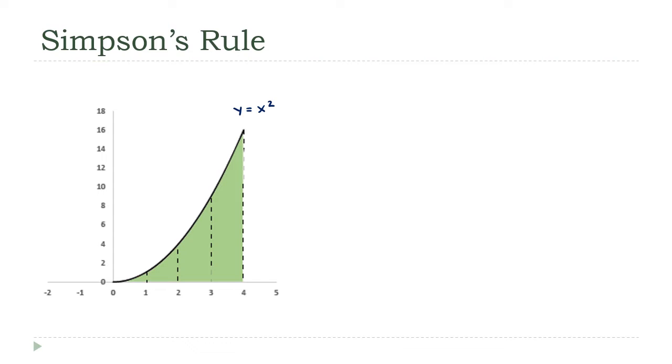Yeah, we could use an actual curve, and that's what Simpson's rule does. Simpson's rule says, instead of fitting things with straight lines, which clearly aren't going to perfectly match something that's curved, let's try fitting parabolas instead.